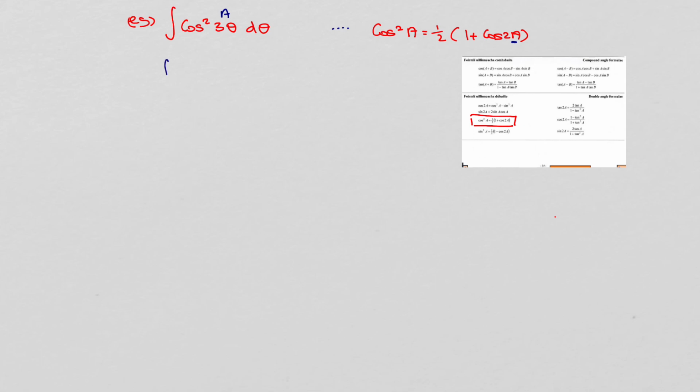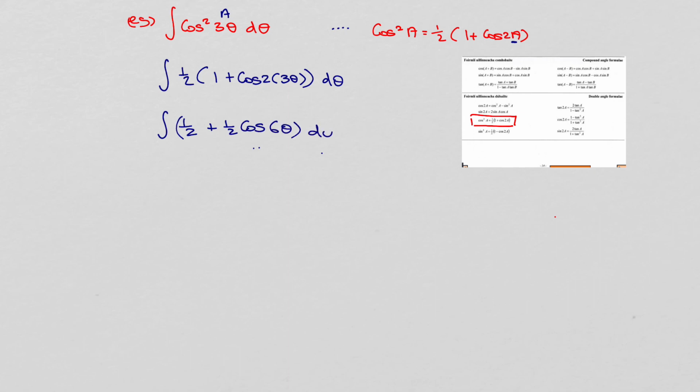So that's going to become the integral of a half times 1 plus cos 2a, and a is 3 theta, and we're integrating that with respect to theta. So if I just tidy up before we integrate, that's going to be a half times 1, which is just a half, plus a half times cos 6 theta d theta.